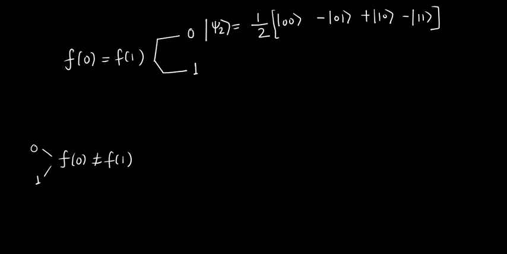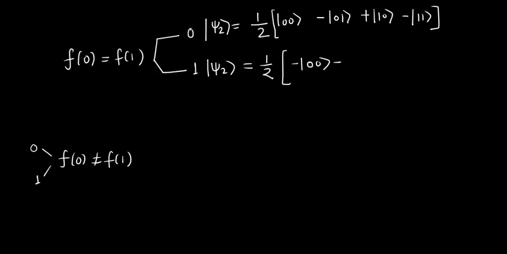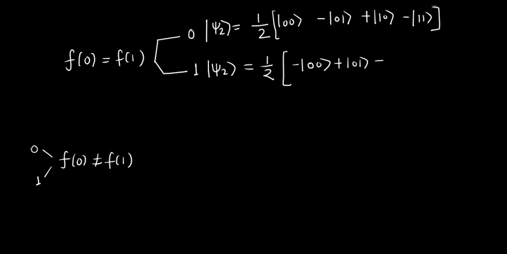Similarly, for the scenario when f0 and f1 both are 1, the output state would look like this. You can simply replace f0 and f1 with 1 here, and you can see it's not very difficult to check this. And you will observe that this is minus of that.